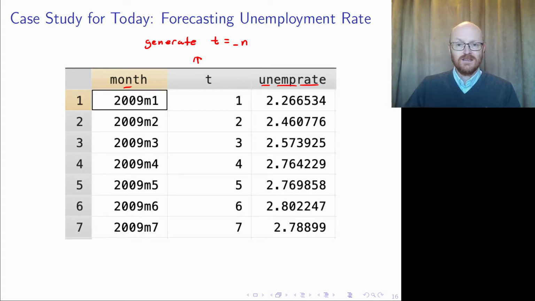Okay, so it's just counting from data point 1 until the last data point.